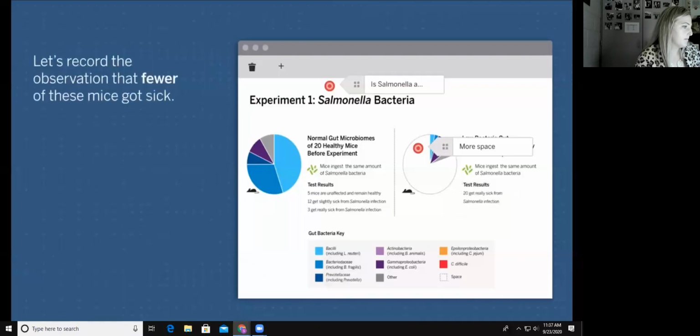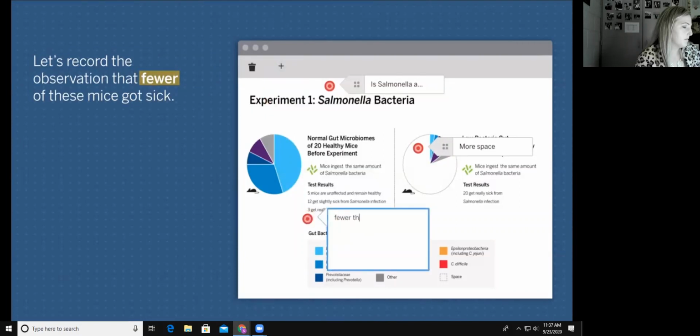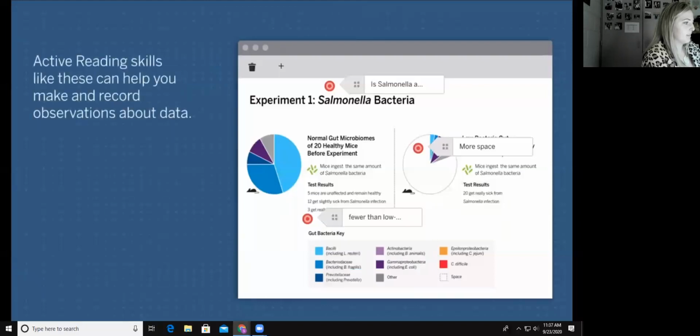Let's record the observation that fewer of these mice got sick. Active reading skills like these can help you make and record observations about data. Let's look at how.